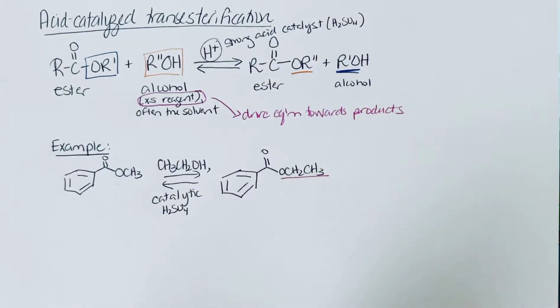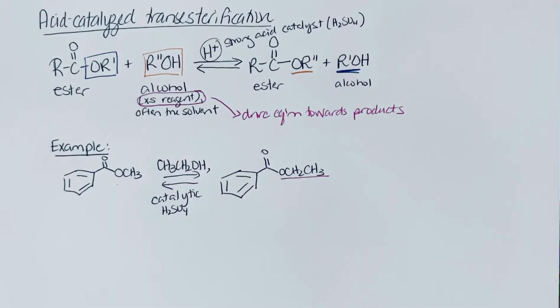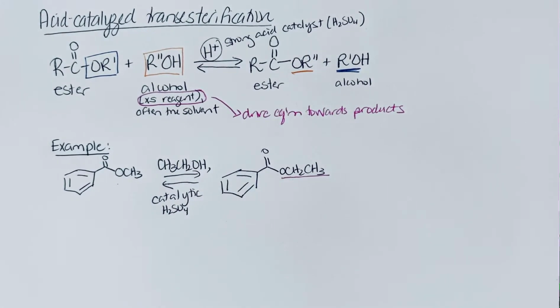H2SO4. So before we get started with our mechanism, one thing we want to recognize is that when you take a strong acid and put it in solution, it is going to dissociate completely. That was the definition of a strong acid that you would have learned back in general chemistry.